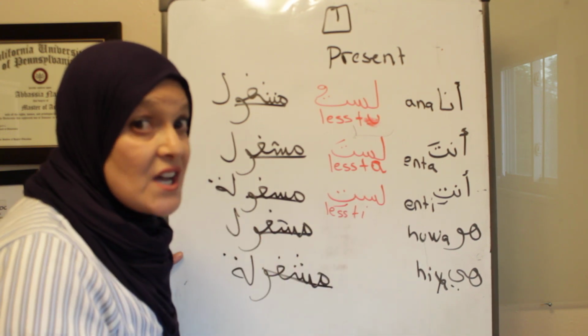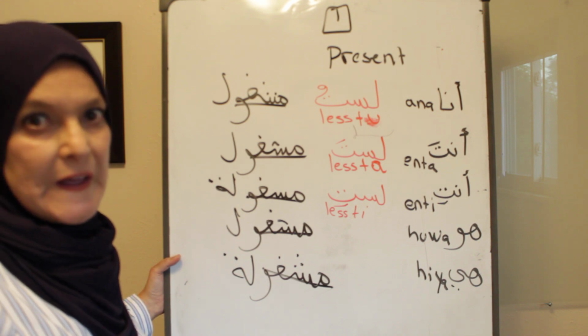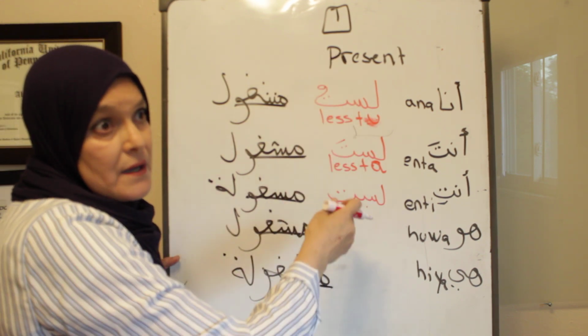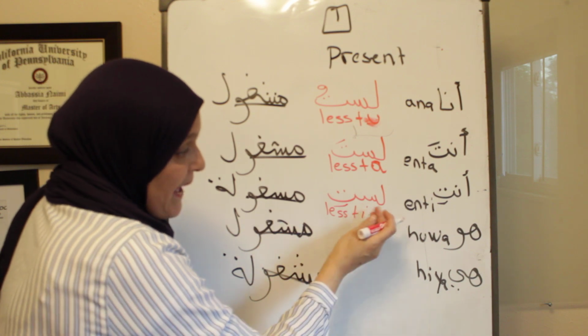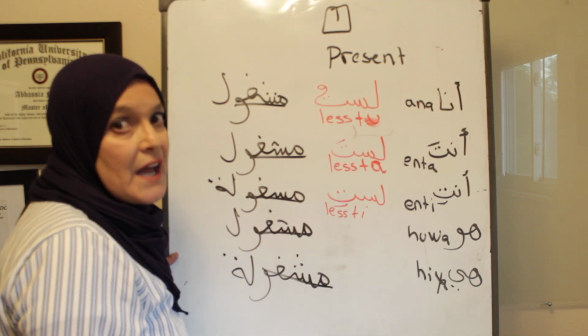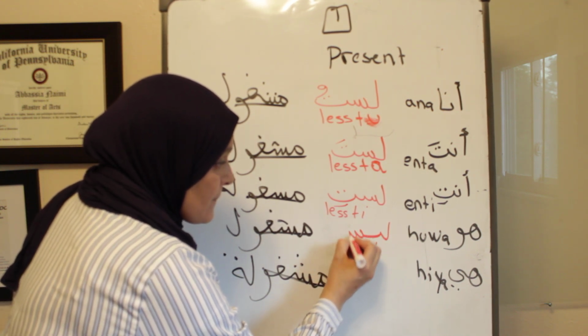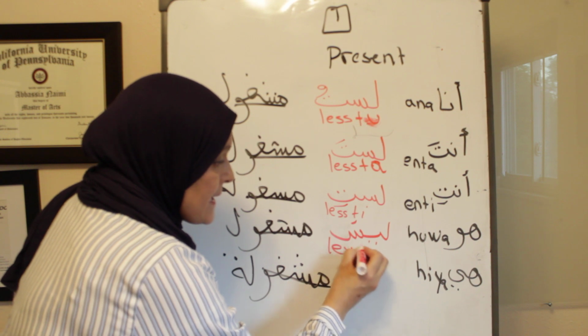For هو, it is just the infinitive, because actually it's a verb in the past tense, but it is used to negate nouns and adjectives. It is ليس. ليس, lay and sa.